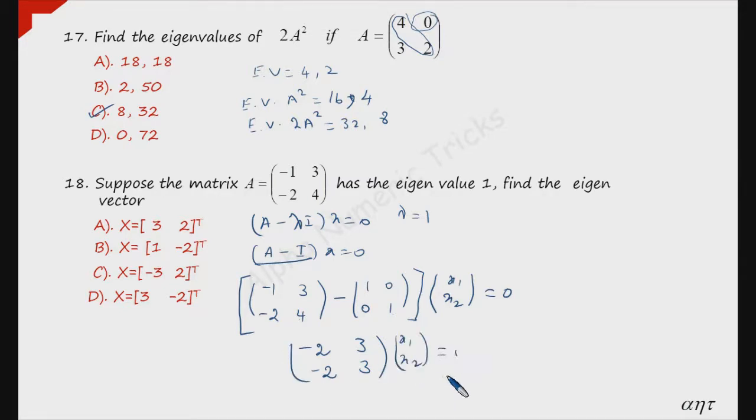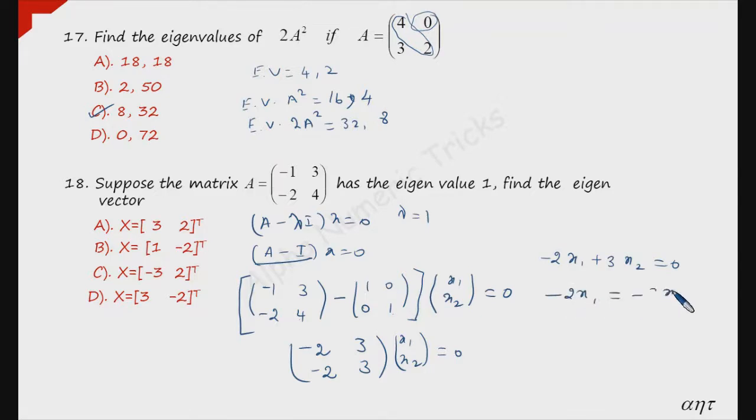From this we can write, both rows being the same, 2x1 plus 3x2 is equal to 0. So 2x1 is equal to minus 3x2.